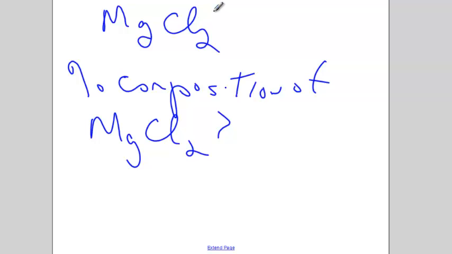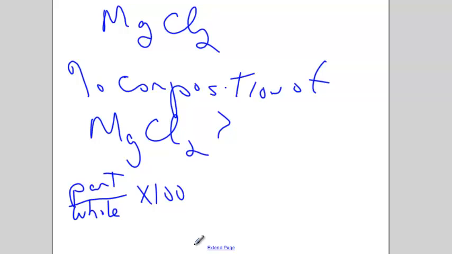Not a percent by moles, but a percent by mass. Okay, this is actually the easiest problem you will ever do in chemistry. Because what is percent? Percent is the part over the whole times 100. That equals percent. So that's exactly what we're going to do here.